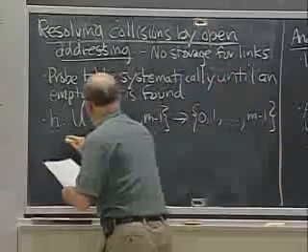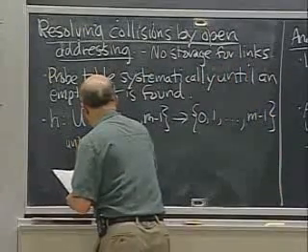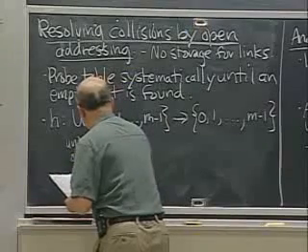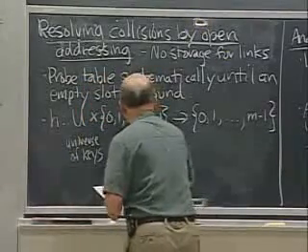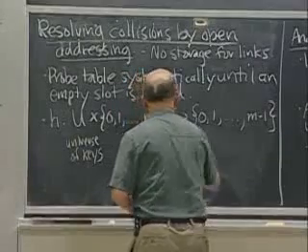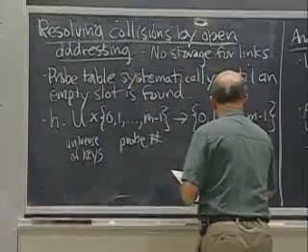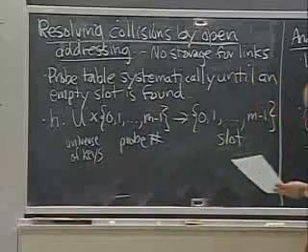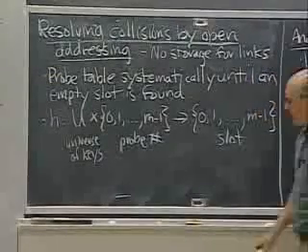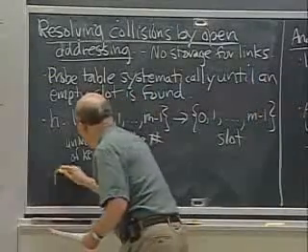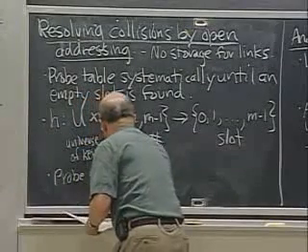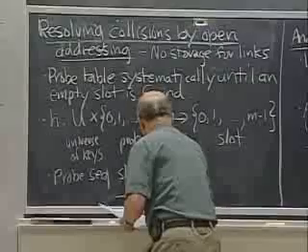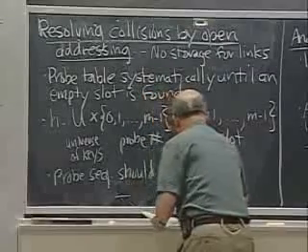This is the universe of keys, this is the probe number, and this is going to be the slot. As I mentioned, the probe sequence should be a permutation.